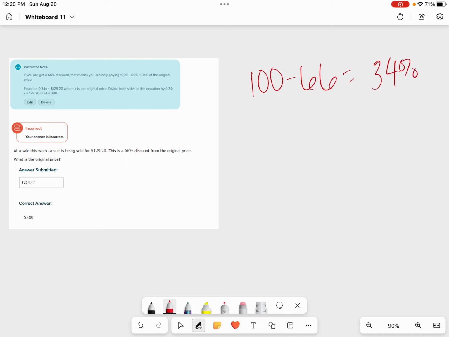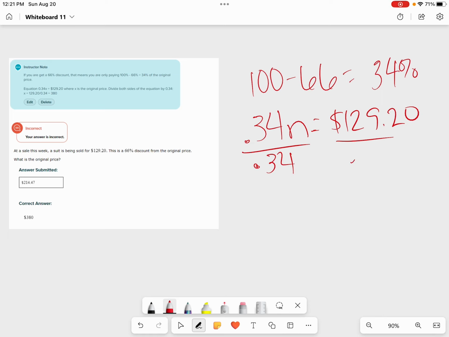So we are paying 34% of the original price, and what we pay is $129.20. Like we did before, divide by the percentage on both sides, and that'll give us the original price. Put that in your calculator, and you'll get $380.